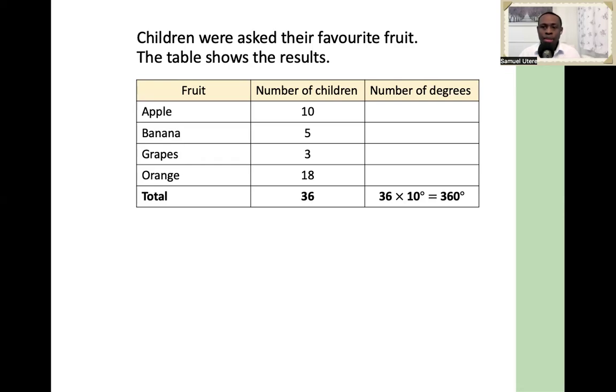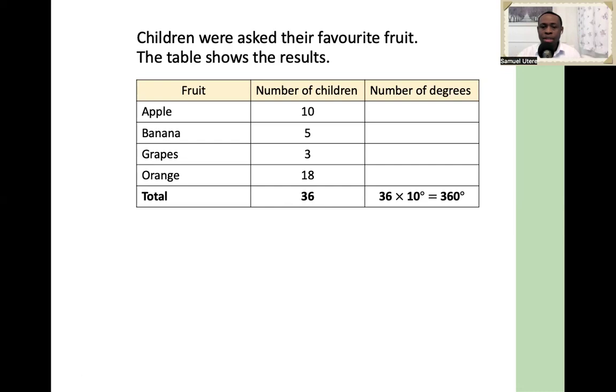We can get that special number by dividing 360 degrees by the total number that we have in our data. By doing that, we are trying to proportionately, take note of that word, proportionately represent each part of our data as a proportion of 360 degrees.